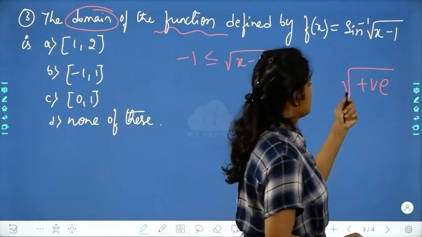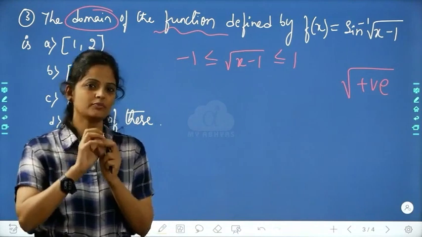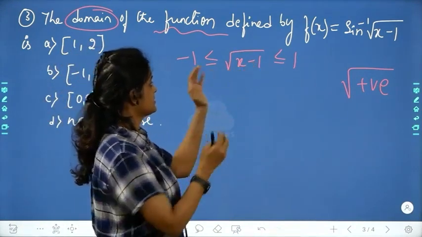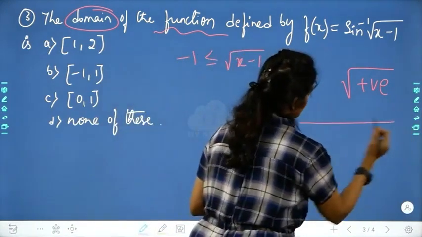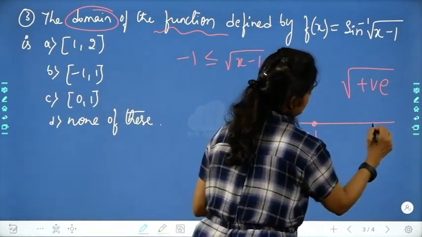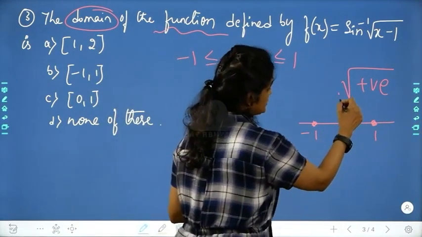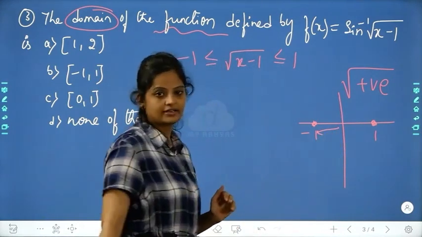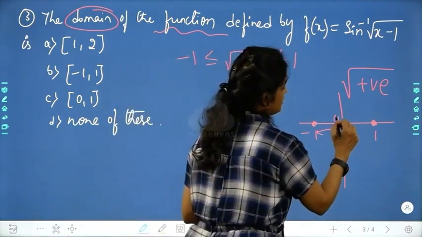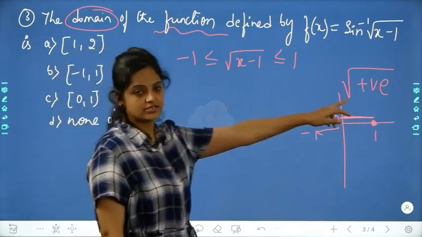So inside the root, if I have to get only positive, then I can restrict this to 0 to 1. I have minus 1 till 1, but I have to restrict to 0 to 1 because those values are negative. I have to take only 0 to 1 where I am getting only positive because root is there.